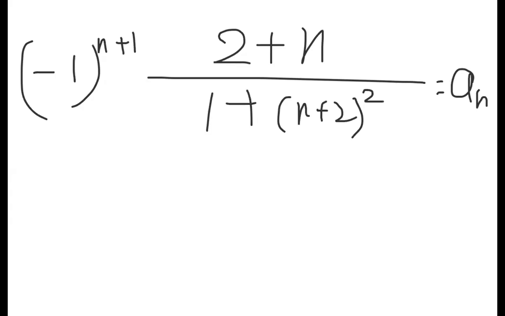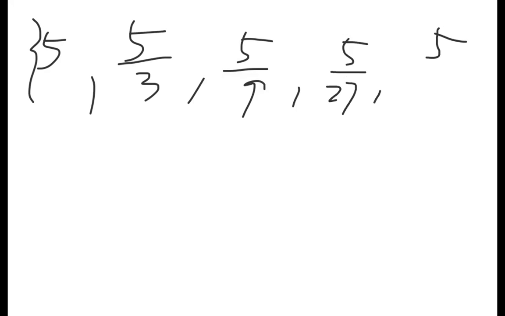And let's do another one. 5 over 3, 5 over 9, 5 over 27, 5 over 81. All right.